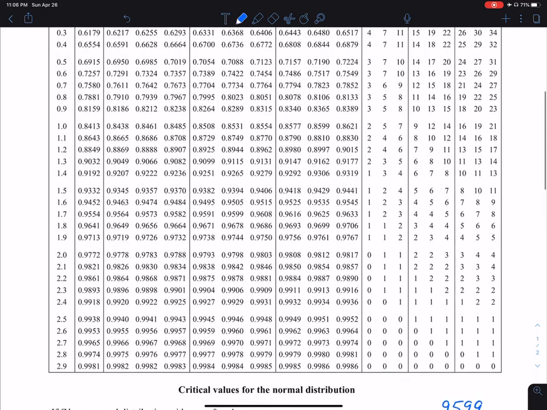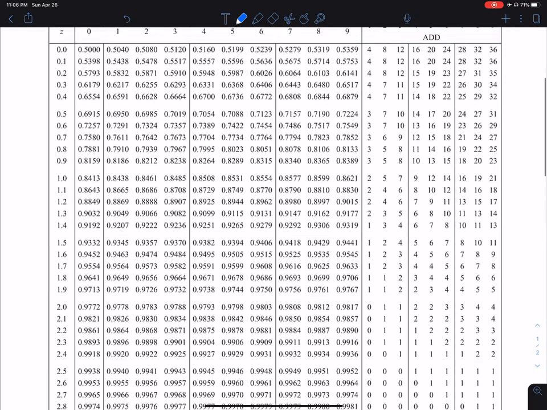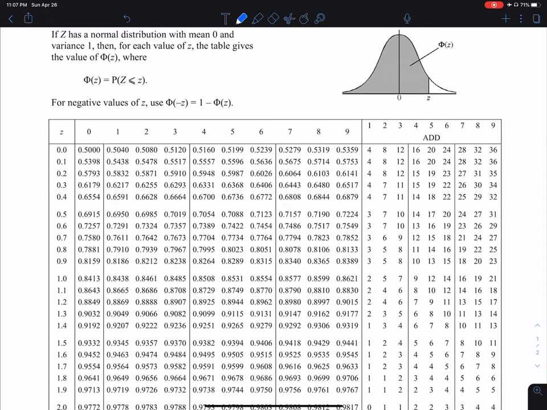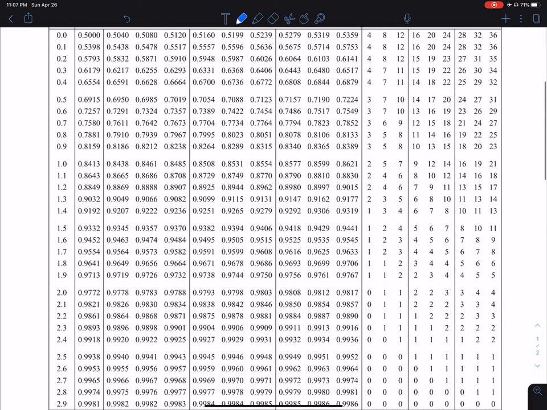So if we pop back up here and try to find 0.9599, you can tell our 0.9s kind of start right like in here, okay? So kind of look a little bit farther down and bingo, right here. Got it, okay?